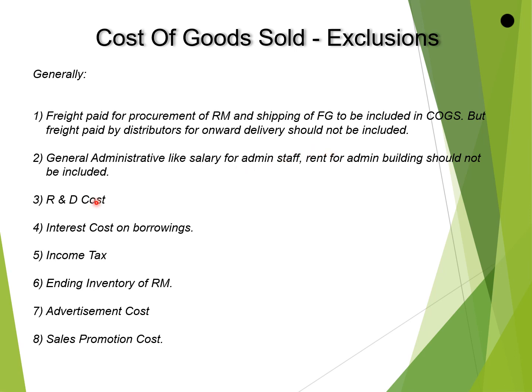Then R&D cost should not be included here. Interest on the borrowings should not be included. Income tax will not come here. Ending inventory of raw material will not come. I think we have discussed this in our previous slides. Then advertisement cost will not be included when we are calculating cost of goods sold, and sales promotion cost shall also not come when we are calculating cost of goods sold.